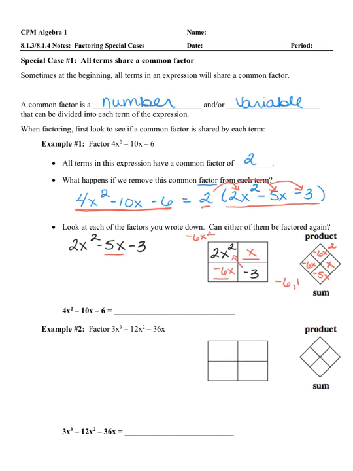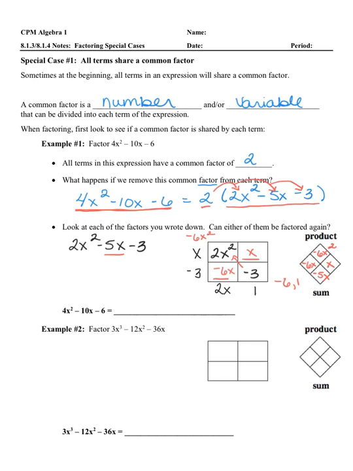Now I need to find the dimensions of my rectangle. To multiply to 2x squared, I need 2x and x. Now in the bottom left-hand corner, I also need a minus 3 to make my negative 6x, and I need a positive 1 to multiply to give me negative 3 and positive x in the upper right-hand corner.